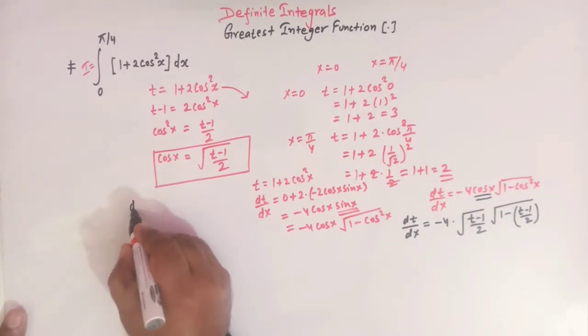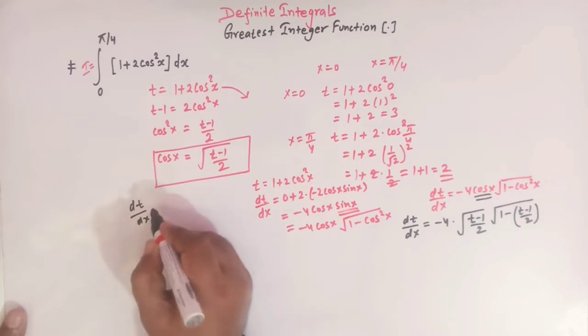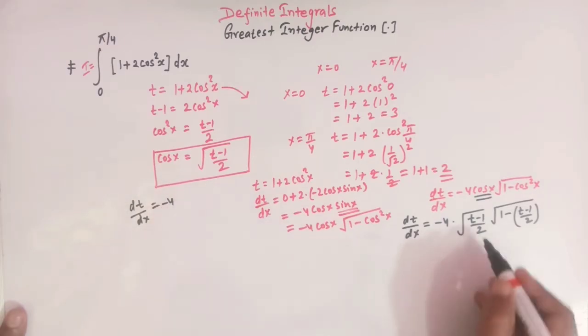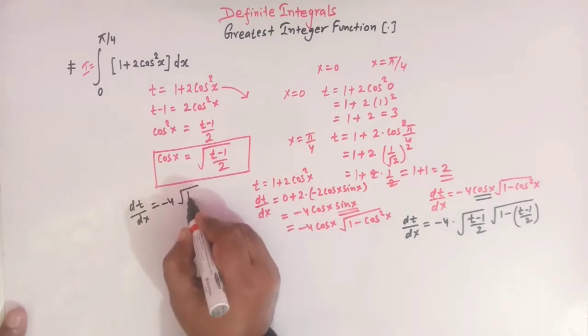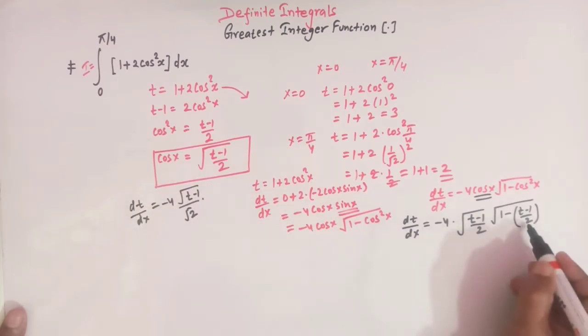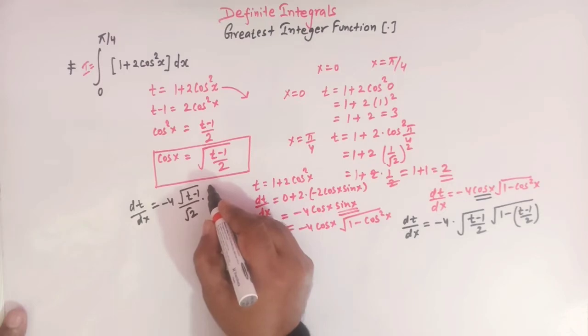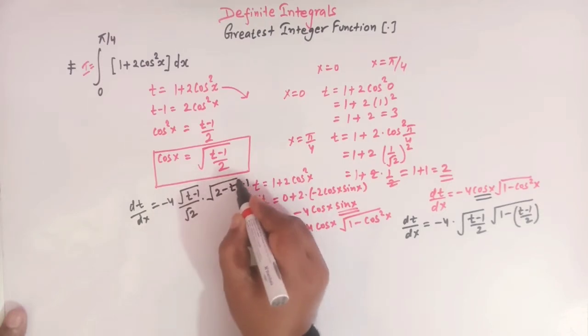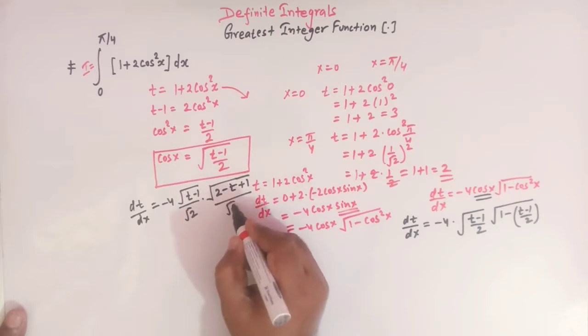Now we can simplify this expression. We have dt over dx is equal to minus 4 times square root of t minus 1 over square root of 2, and here we can write square root of 2 minus t plus 1 over square root of 2.